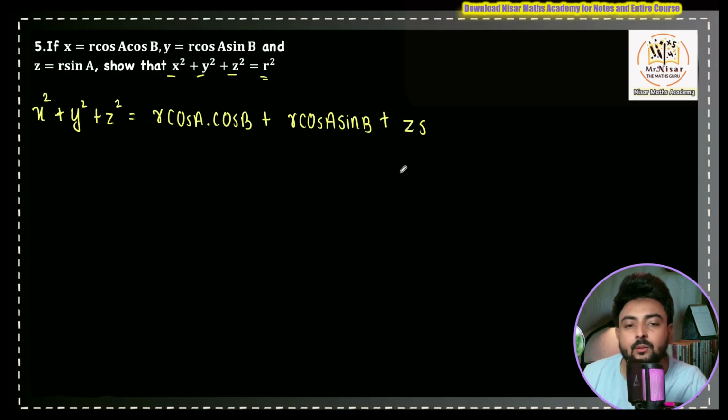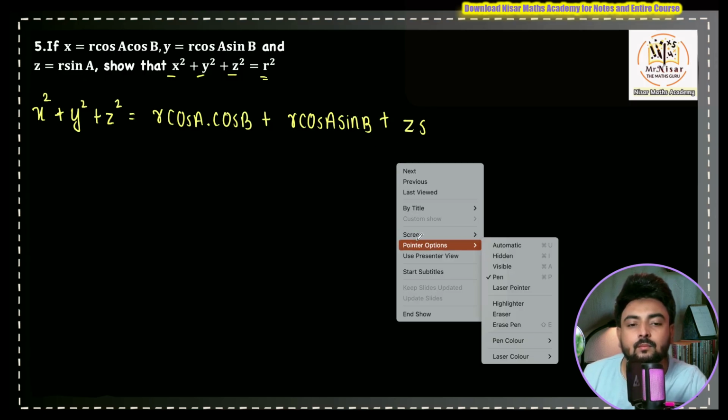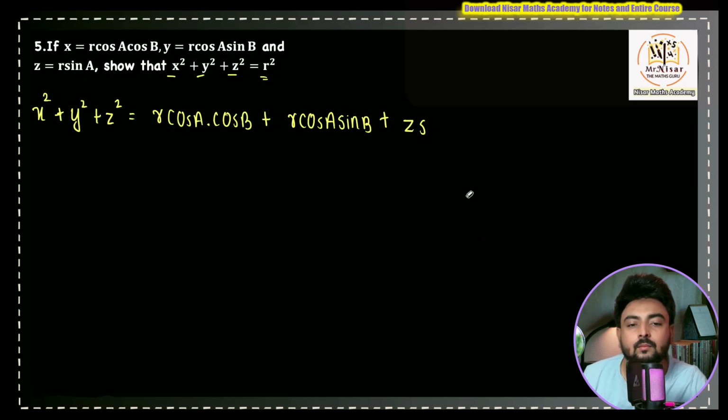plus z, which is r sin a. Then children, here it is all squared. This is x square, then we have y square, and z square.